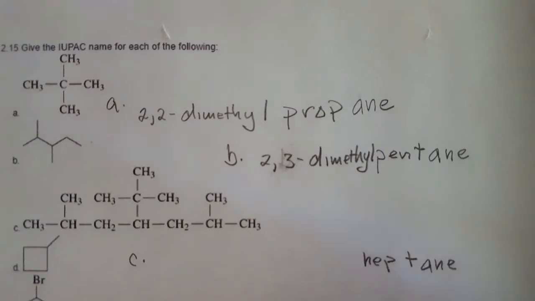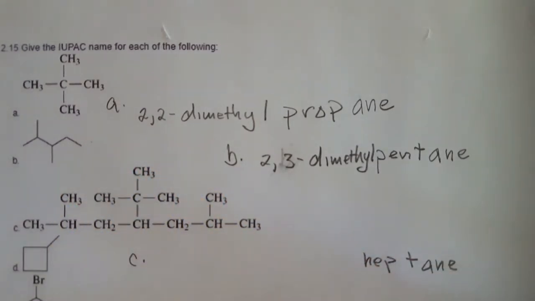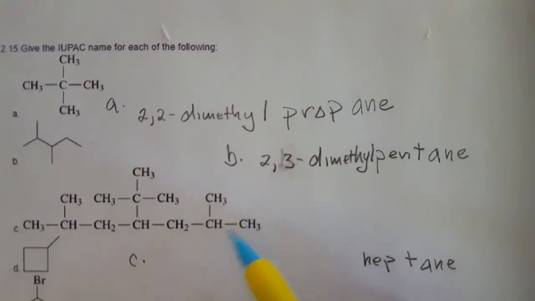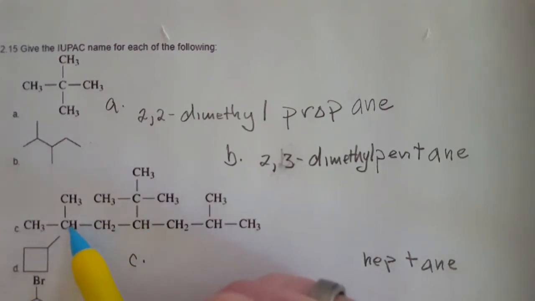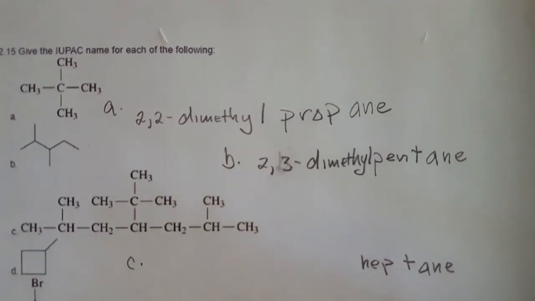It's got 3 groups. This group and this big group and that big group. The numbering direction, this is on 2, 1, 2, 3, 4. In that direction, it's 1, 2, 3, 4. So it doesn't matter which direction we go, it'll give the same name. So in this case, if there are multiple groups, we may want to just make a little table as to what those substituent groups are.